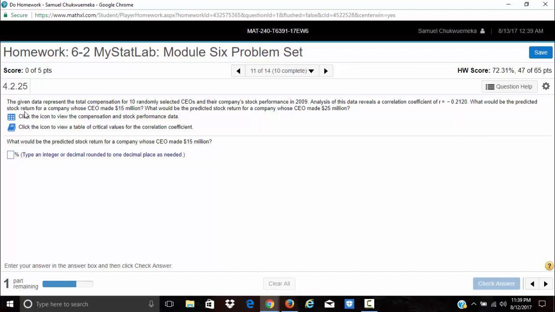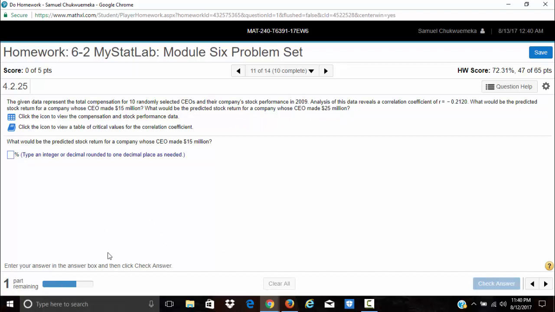What would be the predicted stock return for a company whose CEO made $15 million? What would be the predicted stock return for a company whose CEO made $25 million?